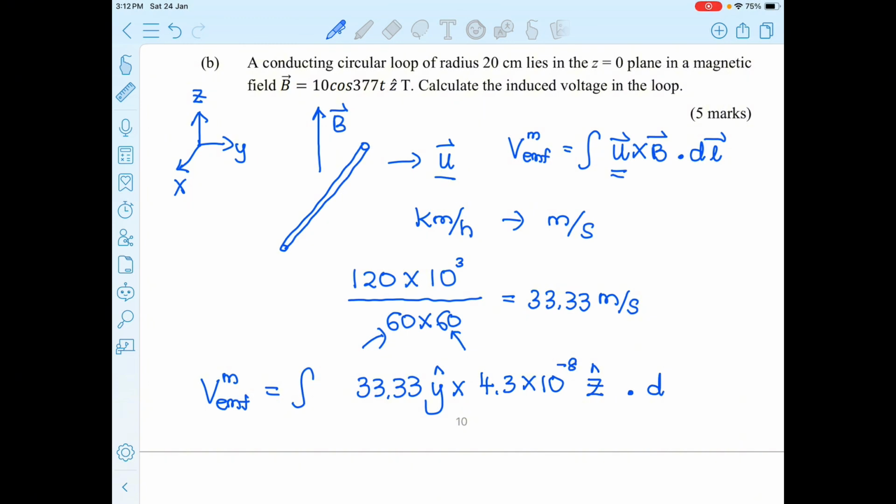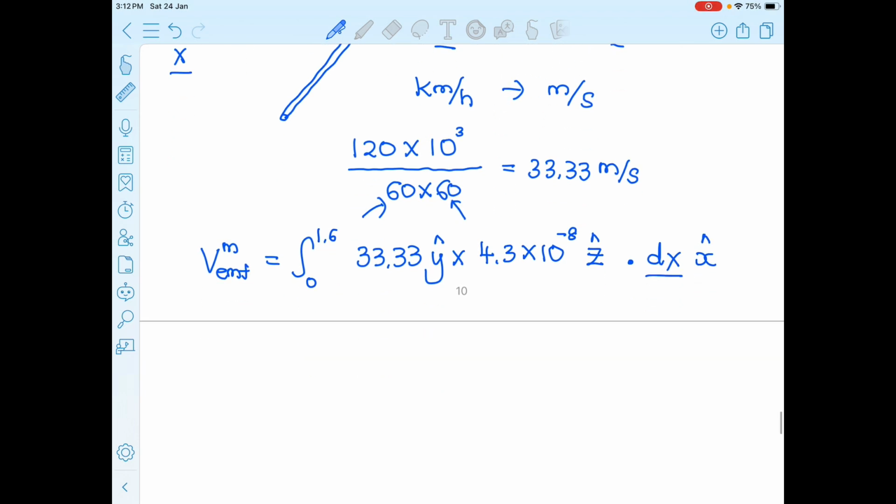Referring to the coordinate system, the car bumper is along the X axis, in the X direction, and the length of the bumper is 1.6 meter according to the question.